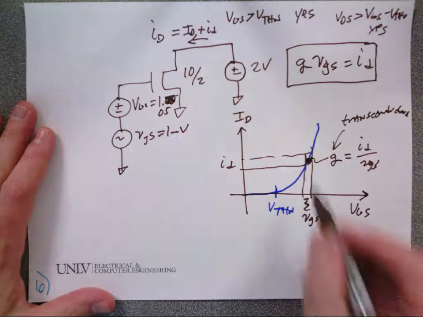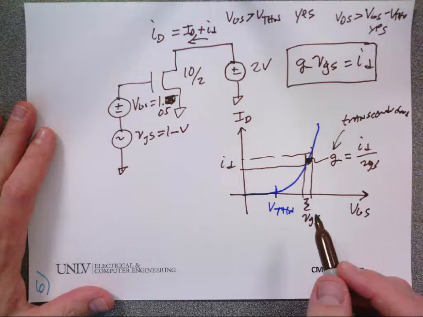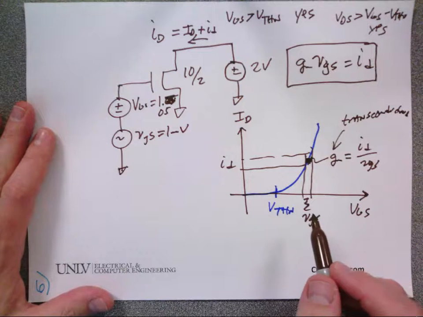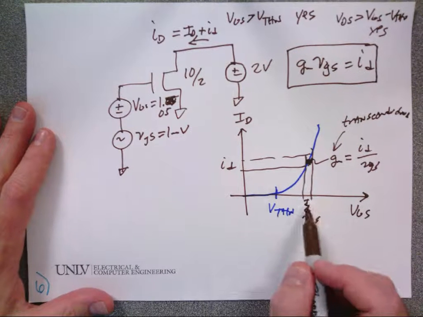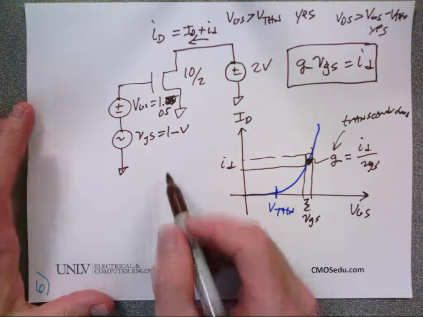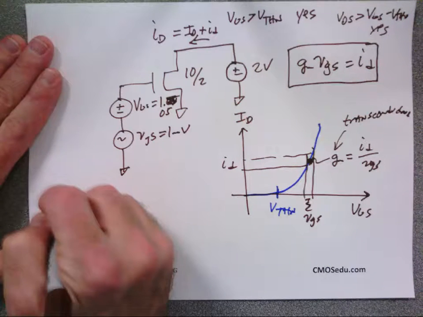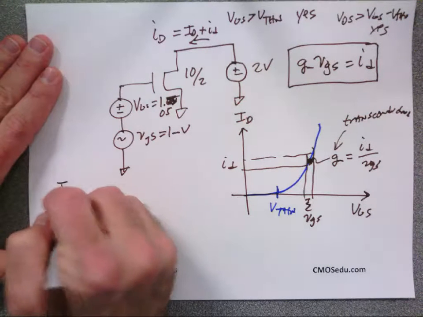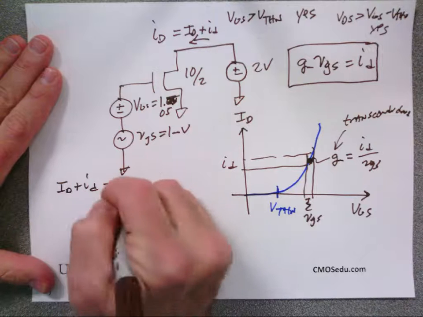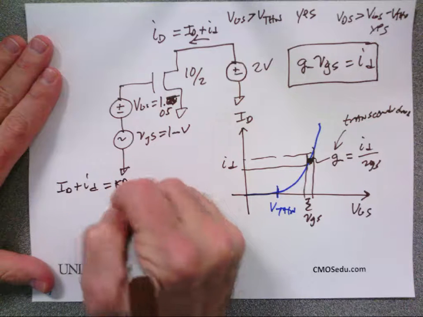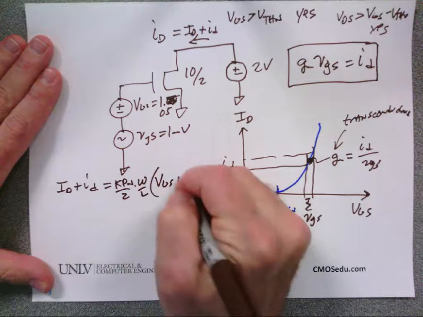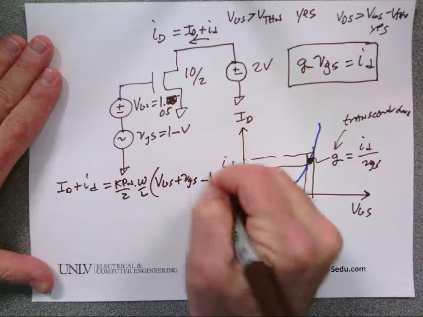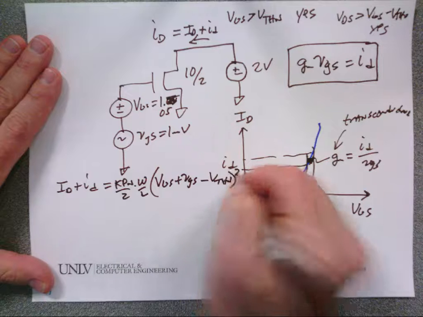So if I want to determine the GM here, transconductance, what do I do here? Same thing we did with the channel resistance. Take the derivative with constant VGS and constant DC ID. So I'm going to rewrite that equation as ID plus little id is equal to Kp sub n over 2 times W over L times VGS plus little VGS minus V threshold n squared.